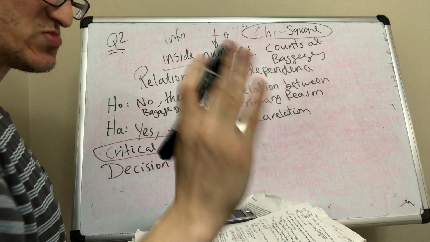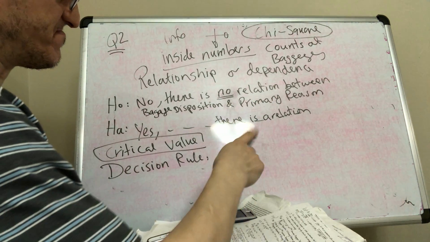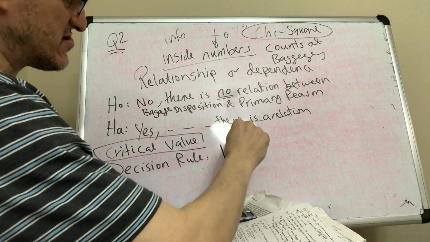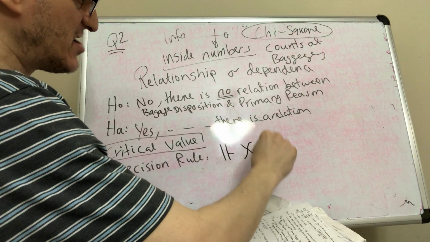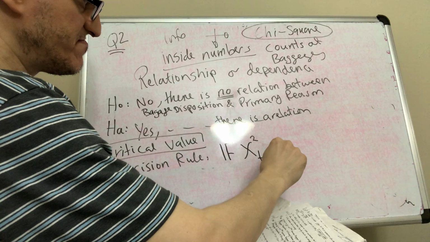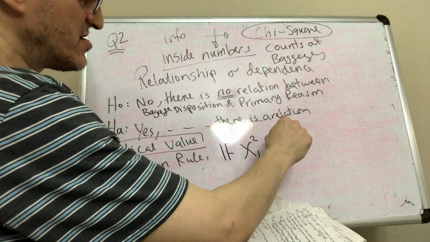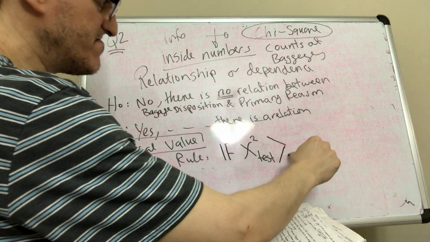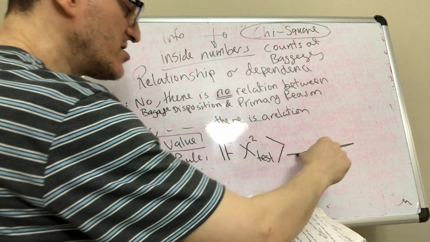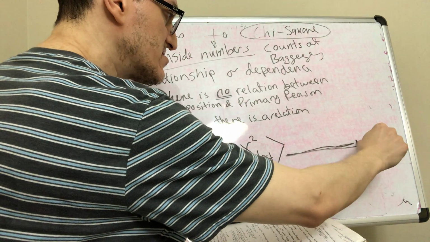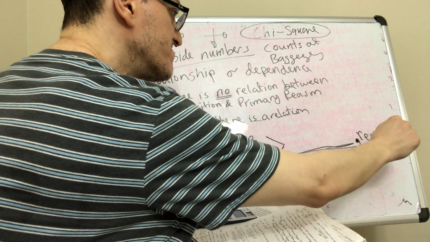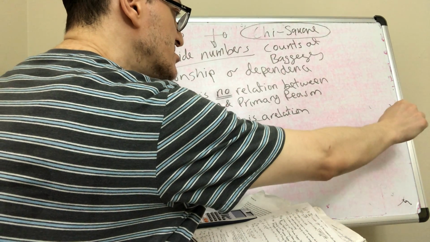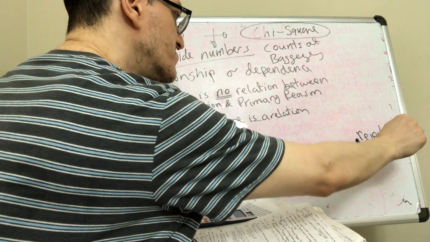Chi is always one tail, upper tail. So you say this: if the chi-squared test is more than whatever the table number is, we're going to reject H0.